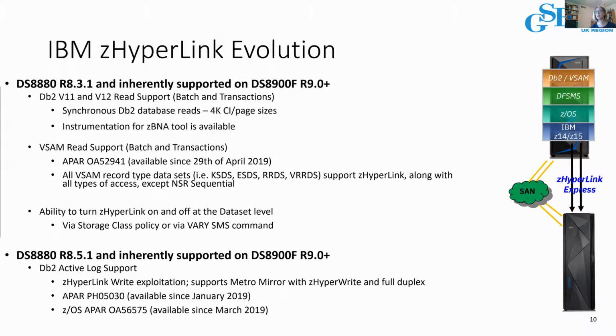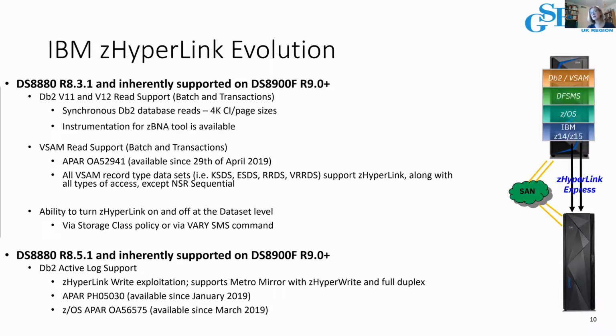Then we expanded our support even further in the DS8K and within software to be able to support the DB2 active log. That is our writes. That is another part of that bottleneck statement that I mentioned, where we can look at how to remove that bottleneck of those writes.